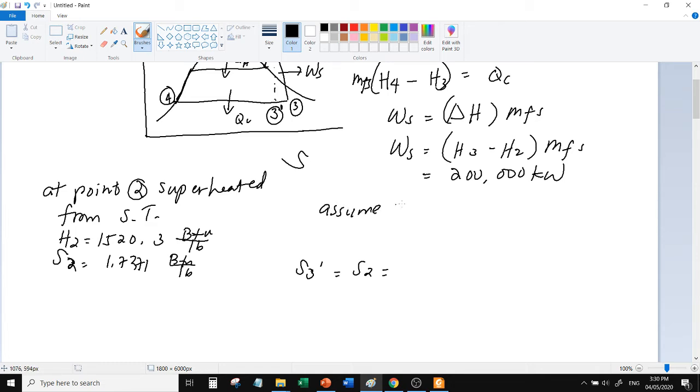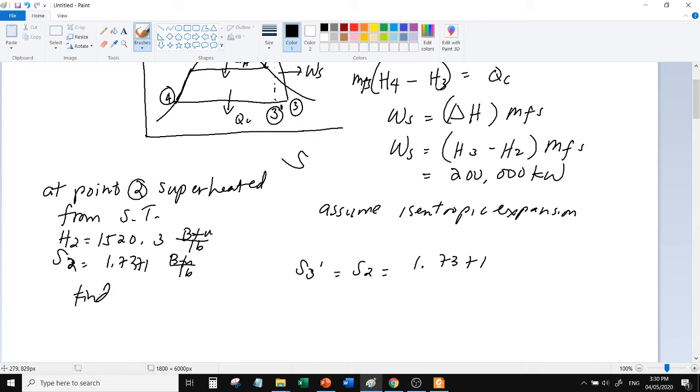Assume isentropic expansion equal to 1.7371. Okay? So we can use S3'. We can guess an X', the quality X3'.